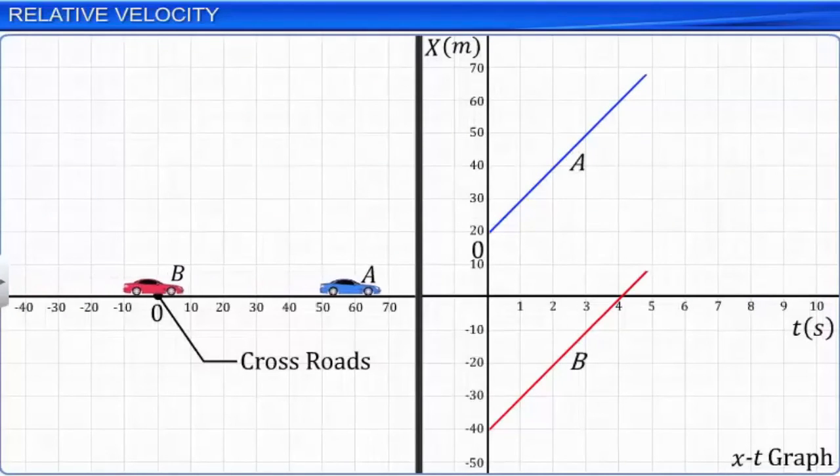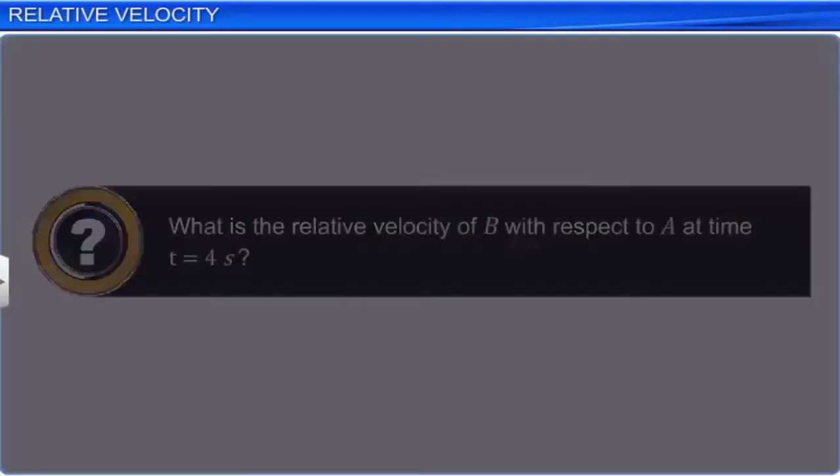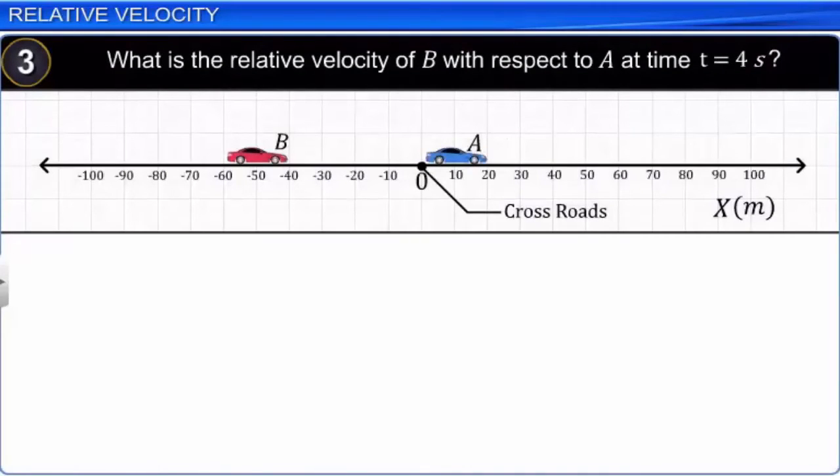What is the relative velocity of B with respect to A at time t equal to 4 seconds? We know that the values of t, VA and VB are equal to 4 seconds, plus 10 meters per second and plus 10 meters per second respectively.